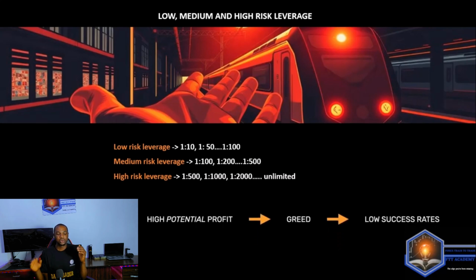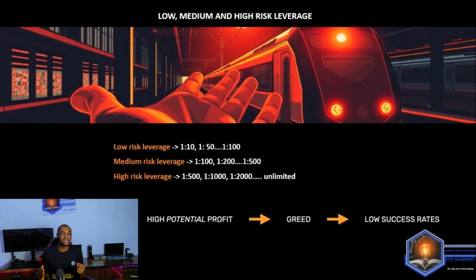You need to know that high risk leverage will lead to high potential profit. That's one thing, and it's also going to lead to a lot of greed, because when you start seeing high potential profit, you'll be greedy to always do it or to hold for more, and it's going to give you a low success rate.